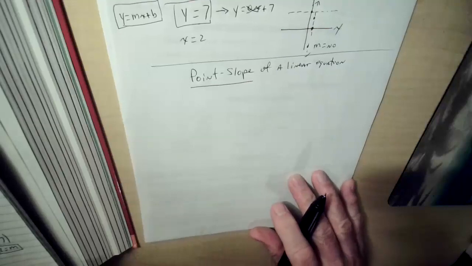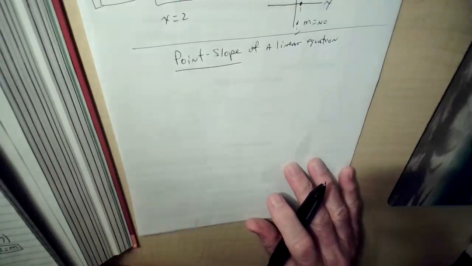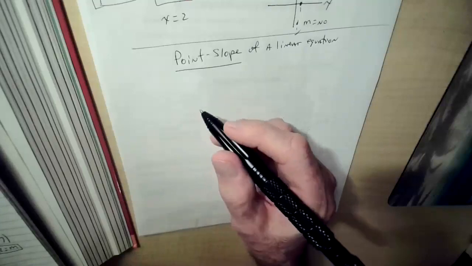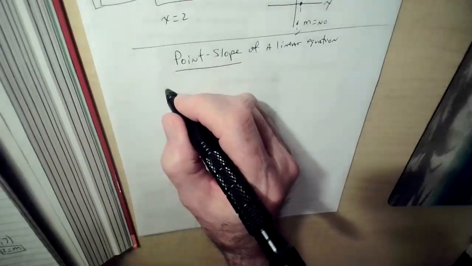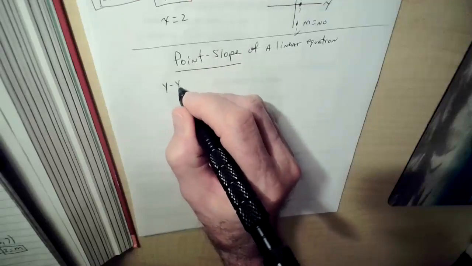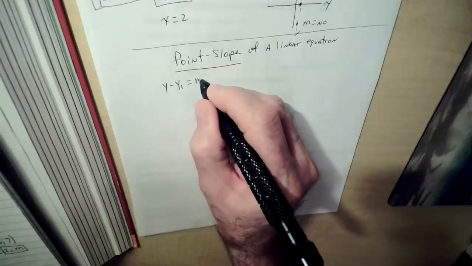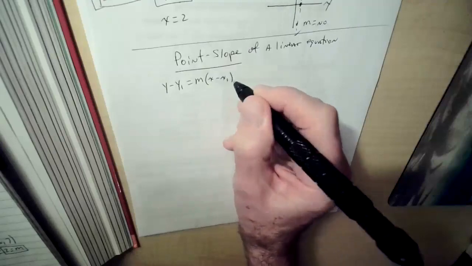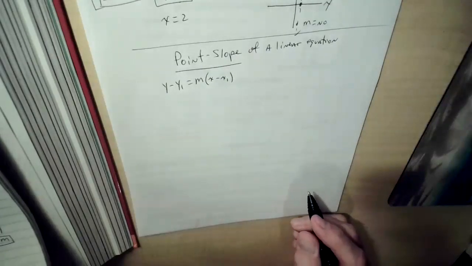Point slope. Now, you look at this thing and think, I can't do this. The point slope formula is y minus y1 equals m open x minus x1. I promise you this is real simple.